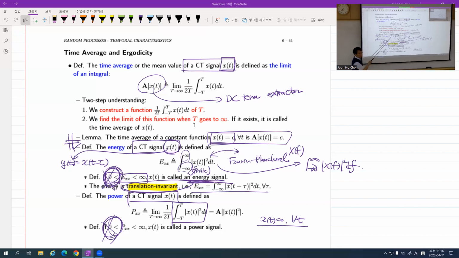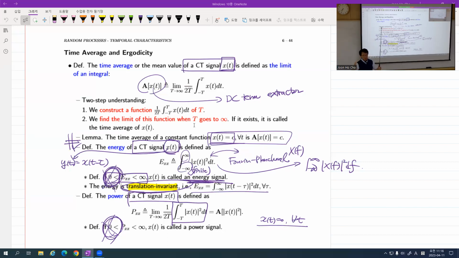So you are given a deterministic continuous time signal. You can do the same thing for a discrete time signal. What you do is take the modulus square. If it is a complex function, we have to say modulus, but we usually say absolute value anyway. So the absolute value square of x of t, and you integrate over the entire interval. Actually, this can be interpreted as the limit as T tends to infinity of the integral from negative T to positive T, right? This integral must be interpreted in that way.